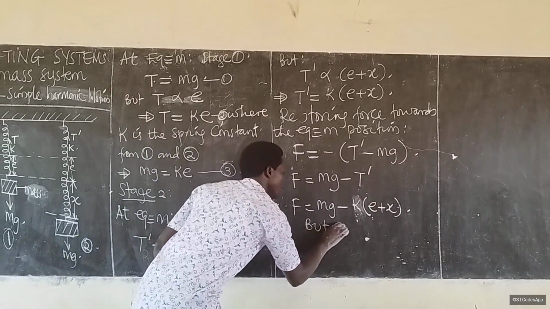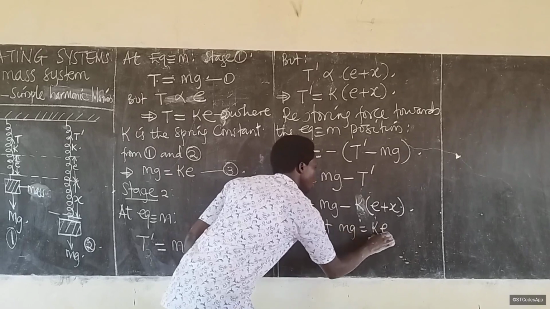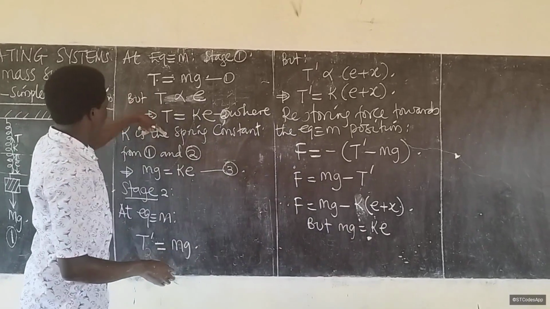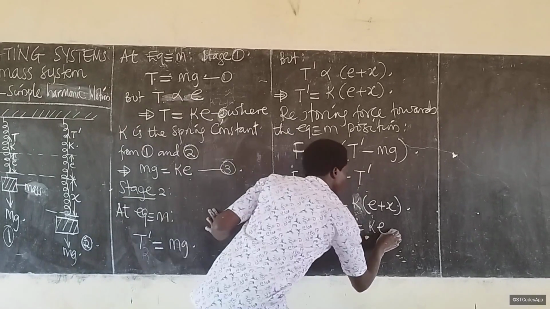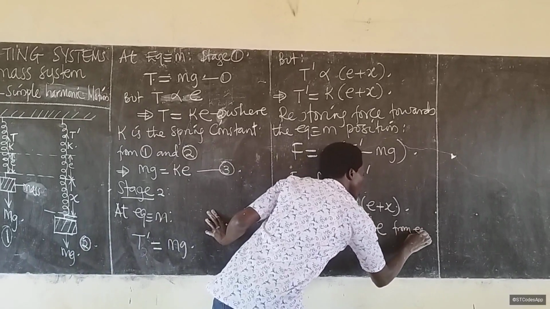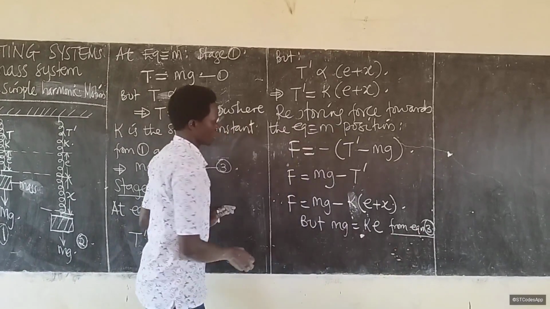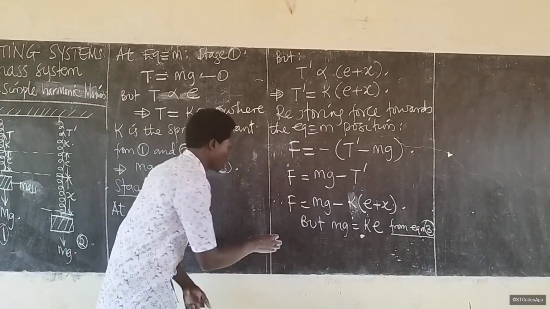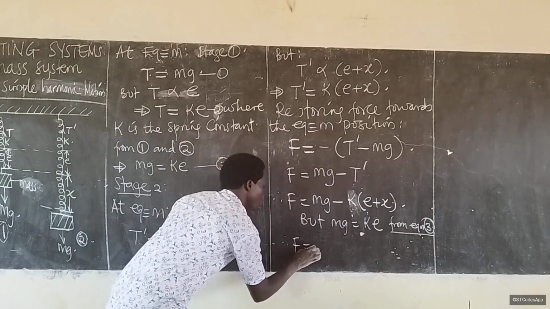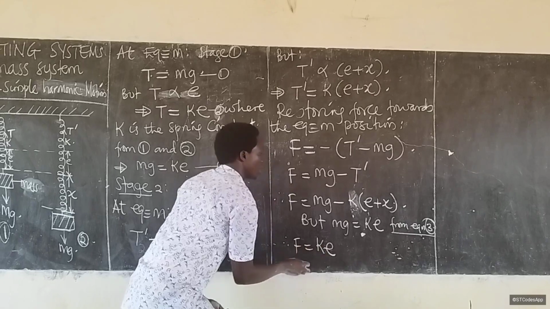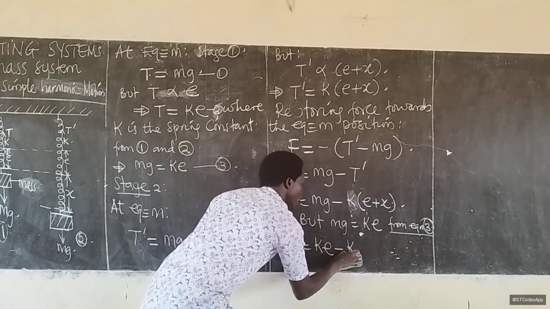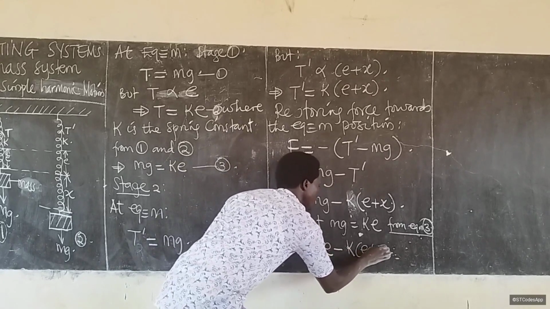But we know that mg is equal to ke. This is from equation 3. So I replace for mg back here. So therefore, I'll have F is equal to ke minus k, open bracket, e plus x.